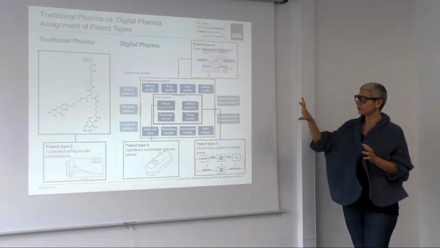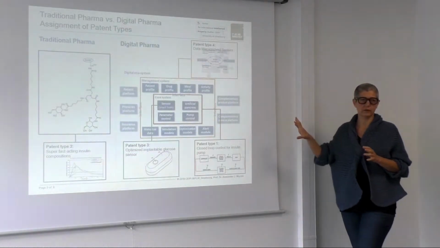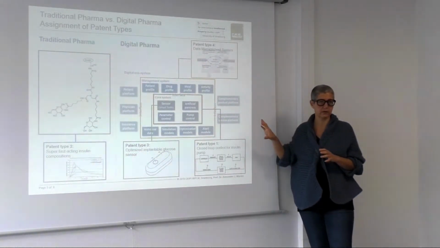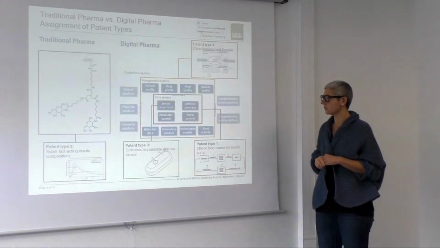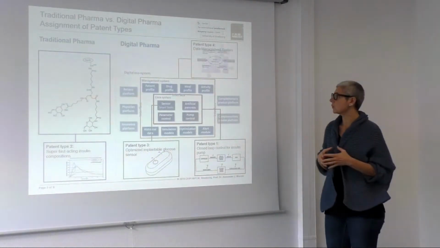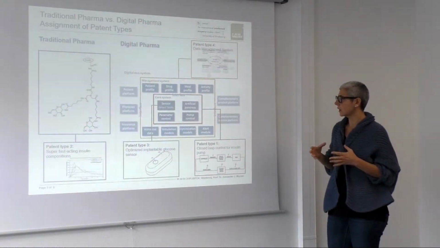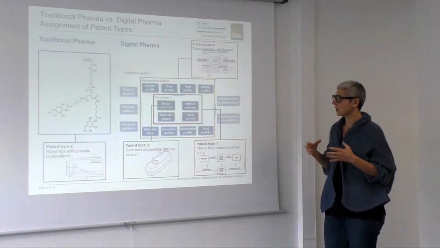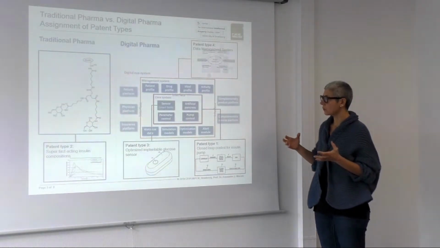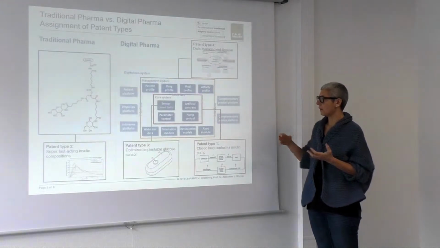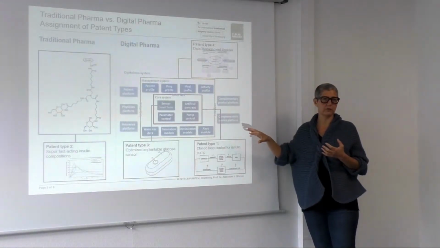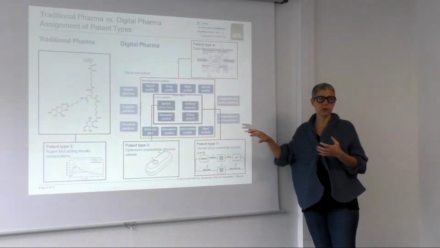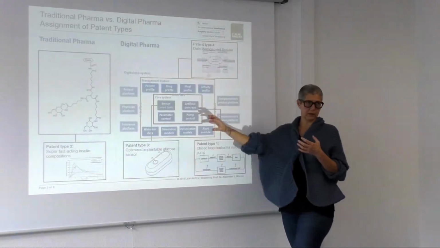But now we move to the digital pharma and the system that we have been analyzing so far, that we have been discussing, so the smart tooth system. And we see that the smart tooth system is a very complex system which contains a very high number of elements which do not necessarily relate with insulin.